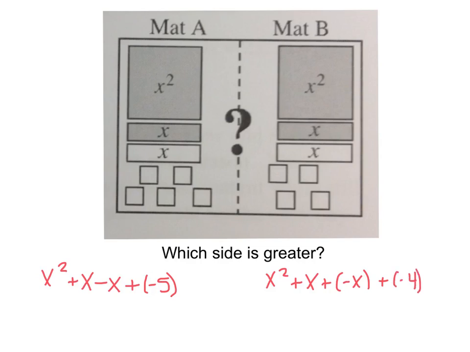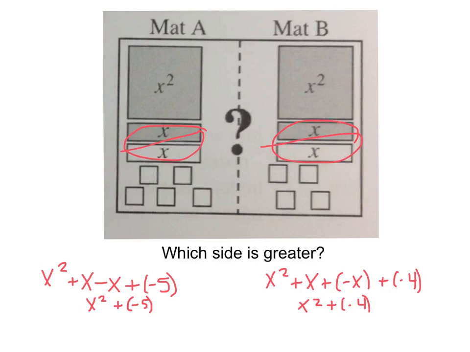If I were to start making zero pairs, I can eliminate some of these tiles to make it simpler. I see a zero pair there, and there's one. But now I don't have any zero pairs left. What I'm left with is x squared plus -5 and x squared plus -4. But the tricky part is we don't know what x is, so we can't really compare them quite yet.